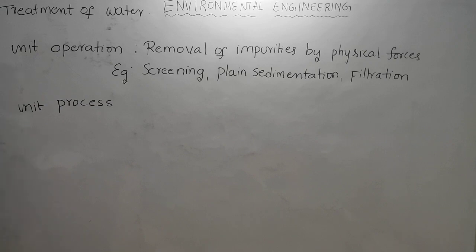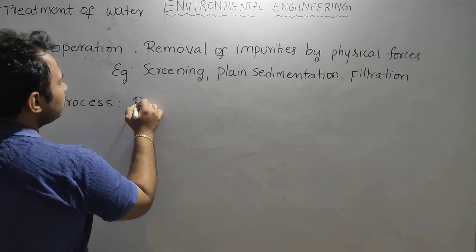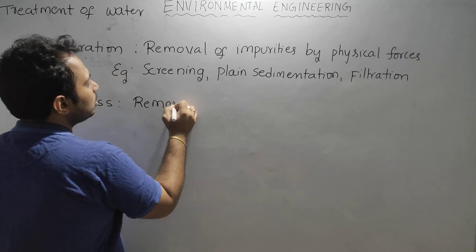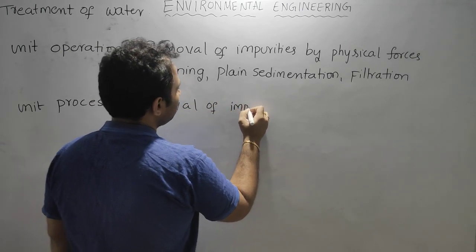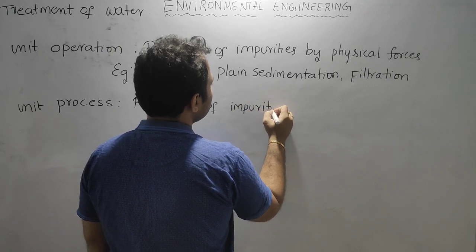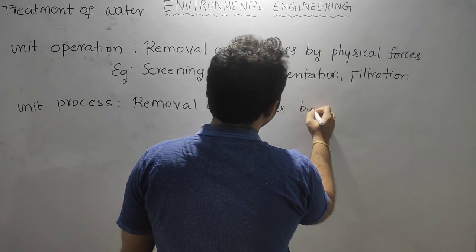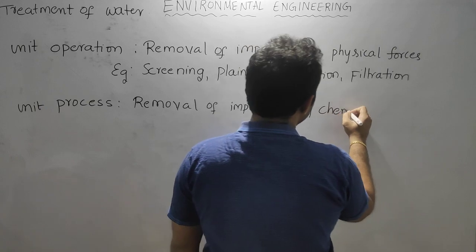Whereas unit process means impurities are removed by chemical processes. Okay, removal of impurities by chemical means.